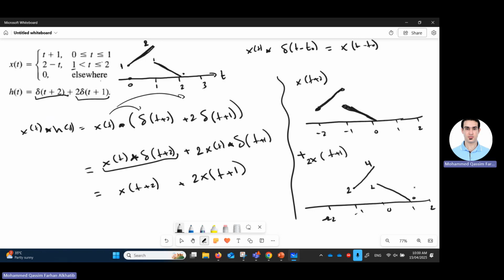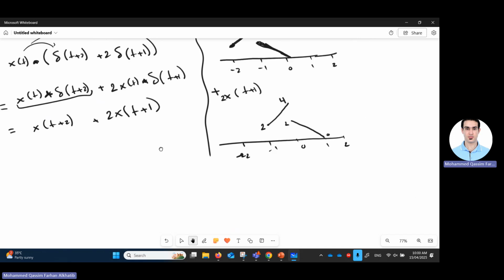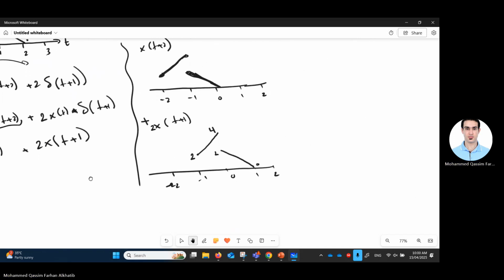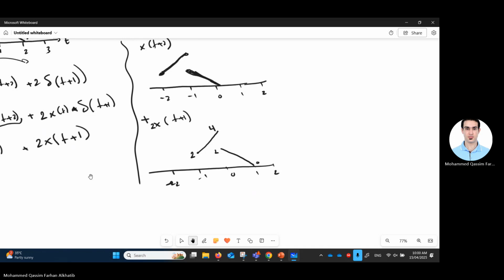All right, so let's do the addition. It's going to be pointwise addition, something really easy. Okay, so let's assume this is the output. So I have negative 2, negative 1, 0, 1, and 2. So at negative 2, how much is the result of the addition?